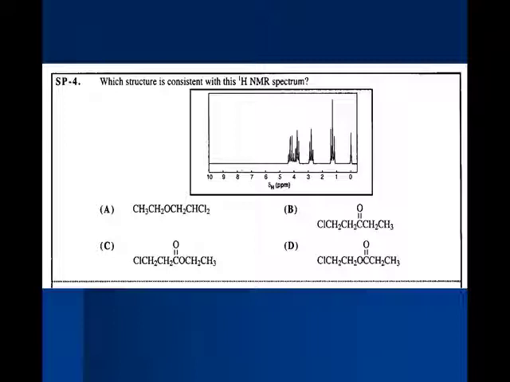On number 4? These? So does that look like anything we've talked about? Or does that look like 2 signals that just happen to be really close? Probably 2 signals that are really close, right? If I looked at that, it kind of looks like a quartet and a triplet that are just really close to one another.